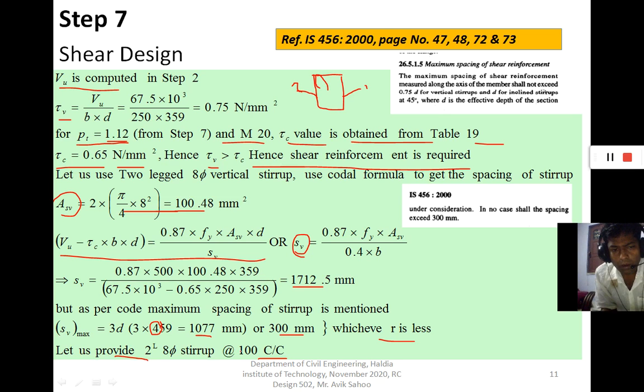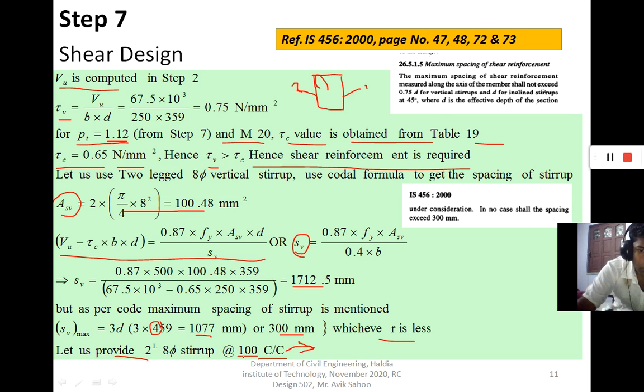If I use closer stirrups, it means the reinforcement is confined and will not be displaced when the concreting is done. So this is standard spacing, use 100 center to center. This confinement is also beneficial for earthquake resistant structures.